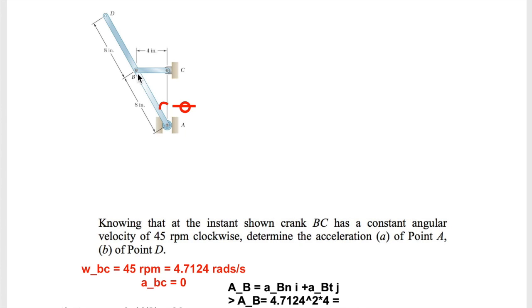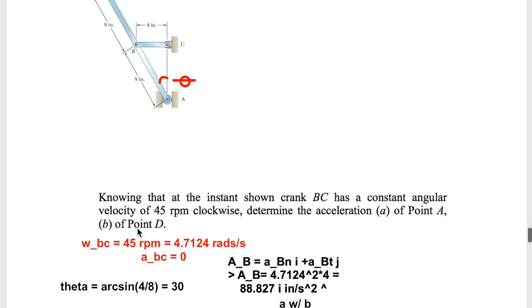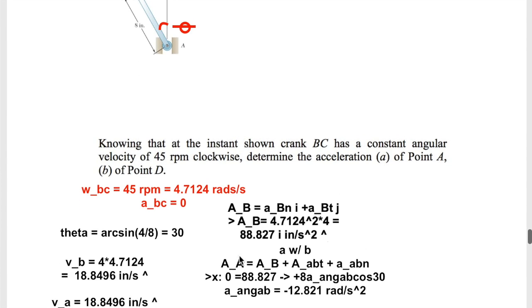The velocity at B with respect to C is the 4 inches times our angular velocity, and we get 18.8496 inches per second going upwards since it's turning clockwise. Then the velocity at A is the same thing since they're on a line and connected.